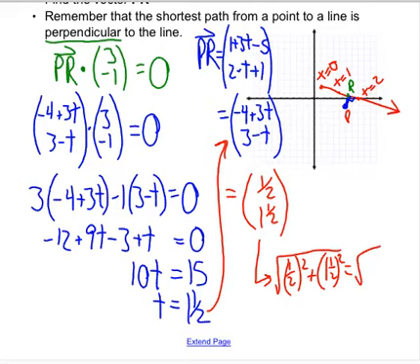So this is the square root of 2.5, which is going to be square root of 10 over 2. Okay? That's the shortest distance. Square root of 10 over 2.